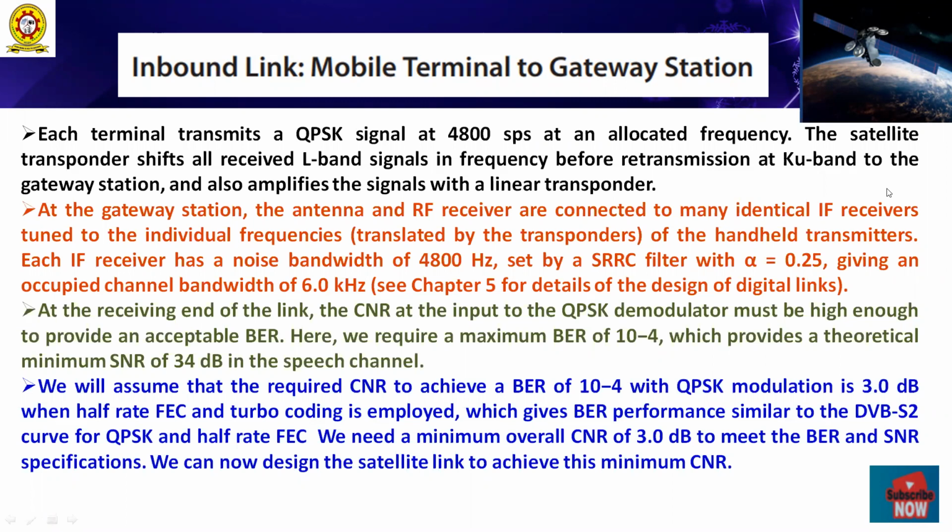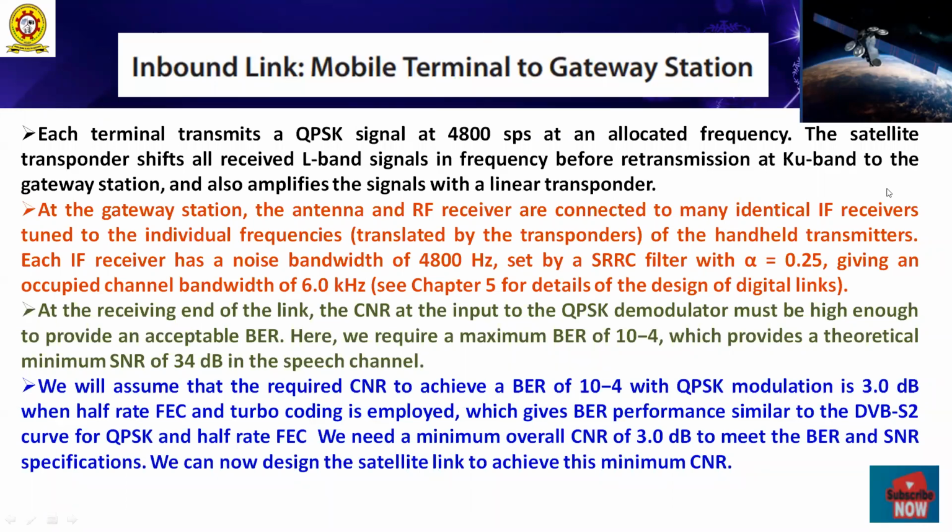Then the satellite transponder's job is to shift all these received signals in frequency before transmission at a particular band, suppose here the Ku band. Before the transmission takes place at Ku band, all these received signals are first collected by the gateway station, where we can get amplification. Further, these amplified signals are transmitted to the next transponder stage.